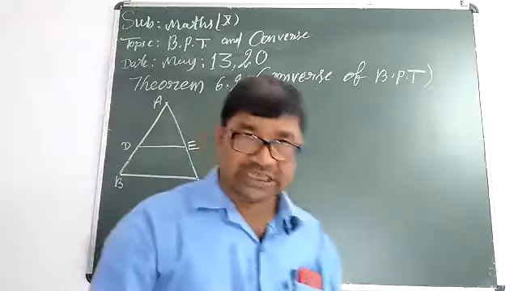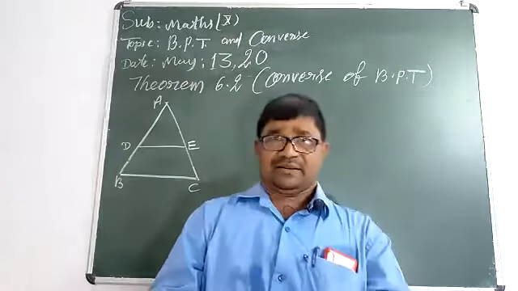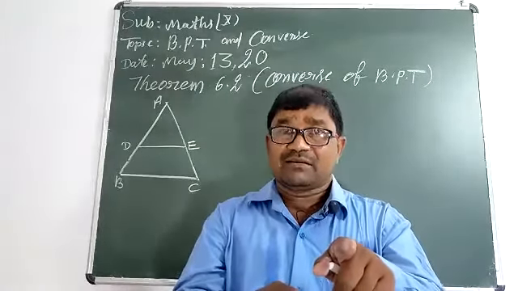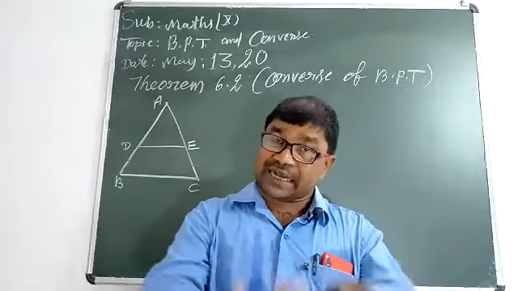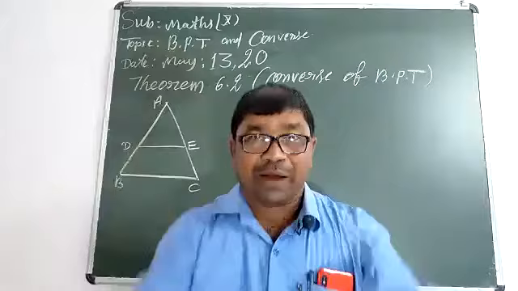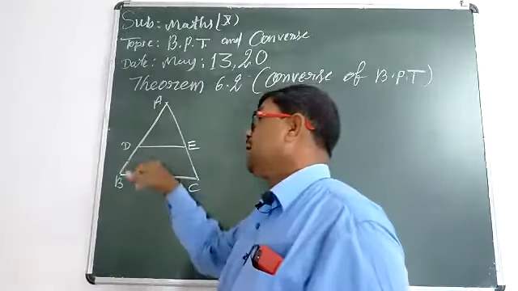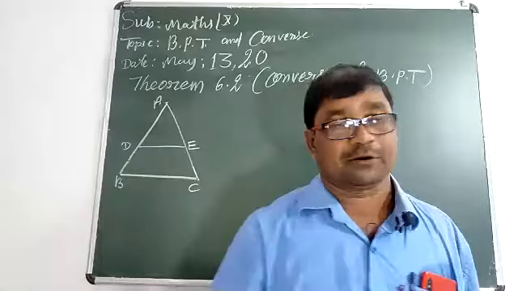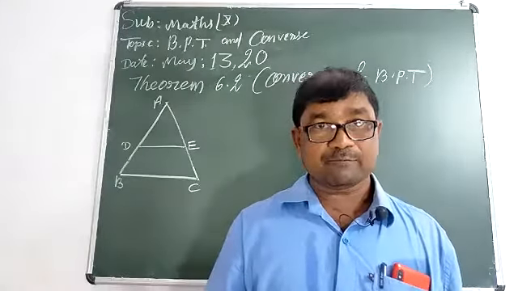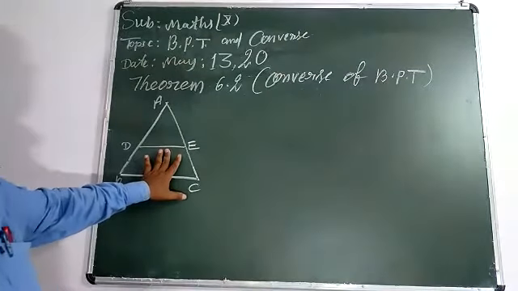Listen again. In a triangle, one line is drawn inside the triangle, intersecting two sides of the triangle in equal ratio, then you want to prove this line will be parallel to the third side. Understood? Check this diagram.